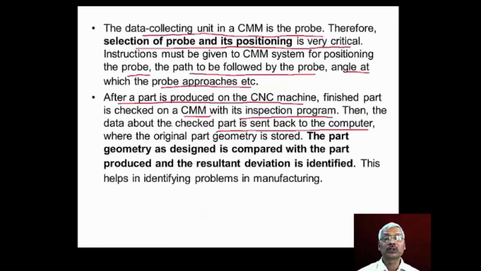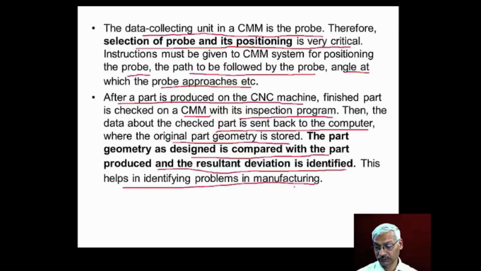The data about the checked part is sent back to the computer, where the original part geometry is stored. The part geometry as designed is compared with the part produced, and the resultant deviation, that is the error data, is identified. This helps in identifying and eliminating problems in manufacturing.